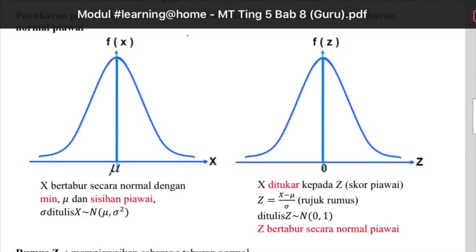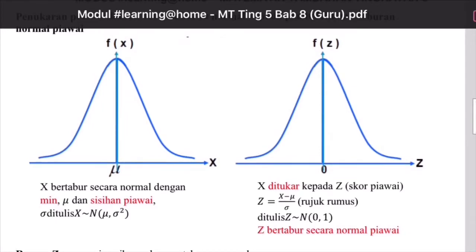That is how you convert x to z, by using the formula, or we call it their relationship. Relationship is actually the formula. When you look at the graph, you notice that x at the middle must be the mean. It must be symmetrical about x equal to the mean.